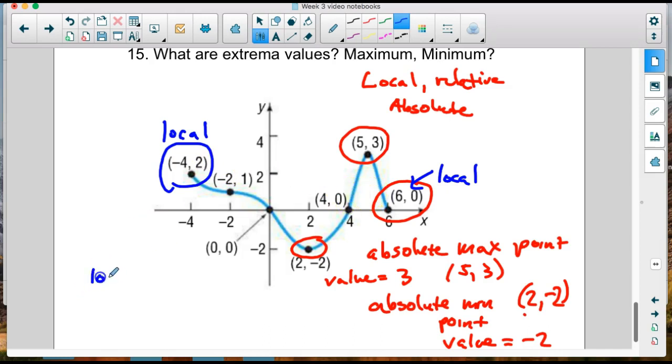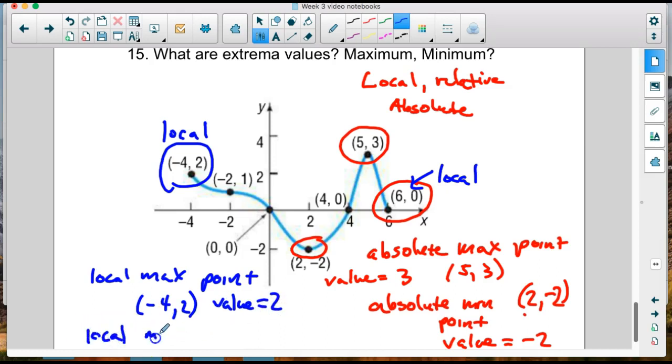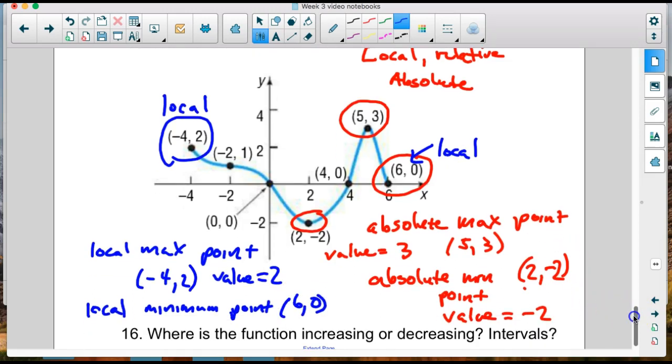So we have a local maximum point at -4, 2, and its value is 2, and we have a local minimum point at 6, 0, and its value is 0.